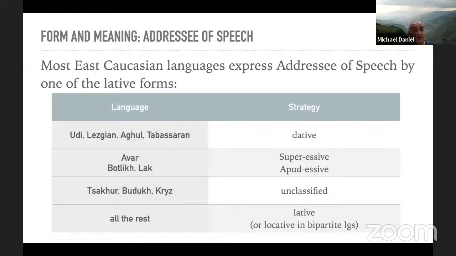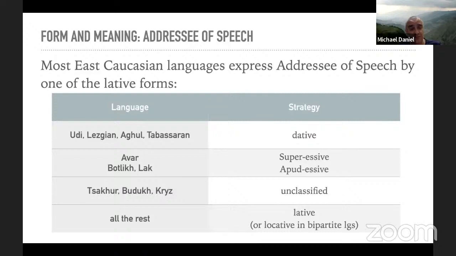Most East Caucasian languages express the addressee of speech by one of the lative forms. So only Udi, Lezgian, Agul, and Tabasaran use dative for the addressee of speech.